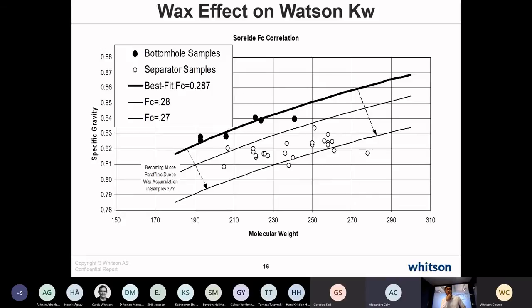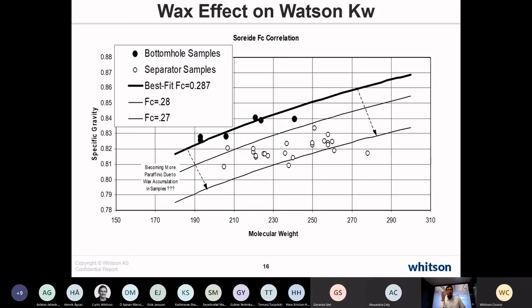If your temperature at the separator is higher than the wax appearance temperature, then you may not get any wax while collecting. But you also have to be careful when you are doing the flash of that separator liquid in the laboratory, because as a standard procedure, PVT labs do the single stage flash of the separator oil at ambient conditions, so that's 15 degrees C and 14.7 psia.